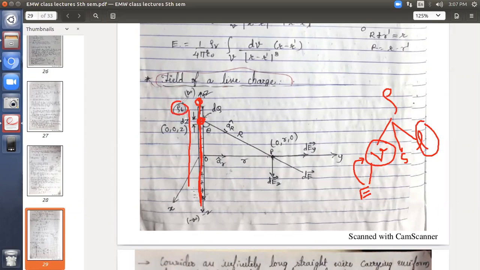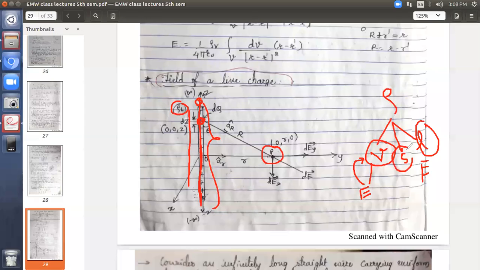Considering rho L as the linear charge density of that particular area of the wire, we found at point P the electric field intensity, and the same concept we applied to the complete wire by integration. We found out the electric field intensity expression. We have derived this E for line charge.